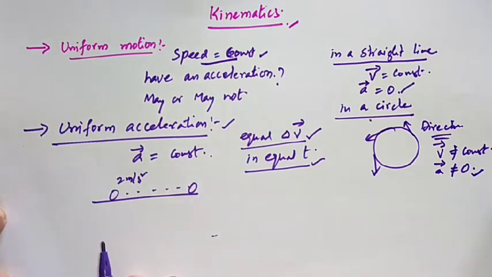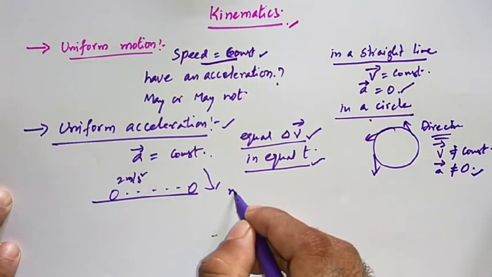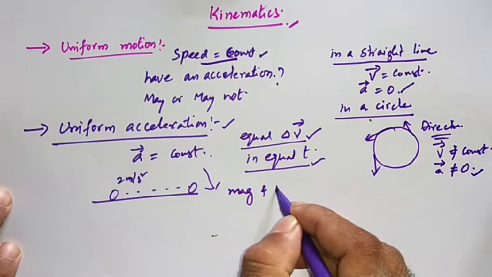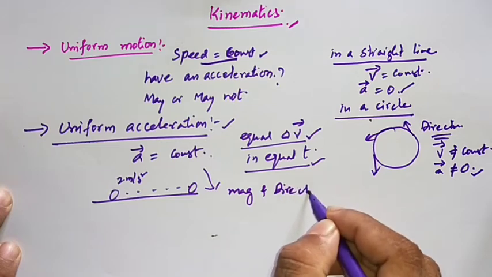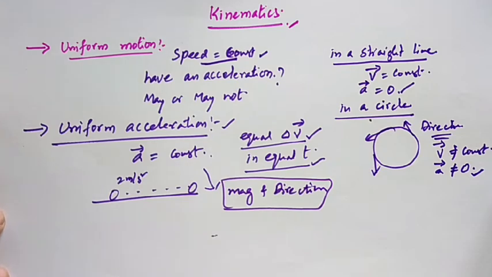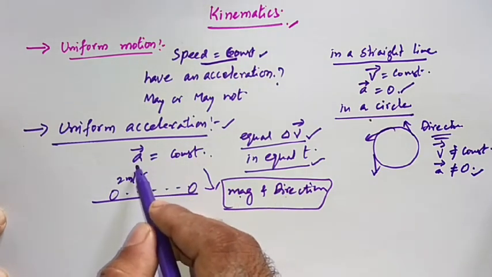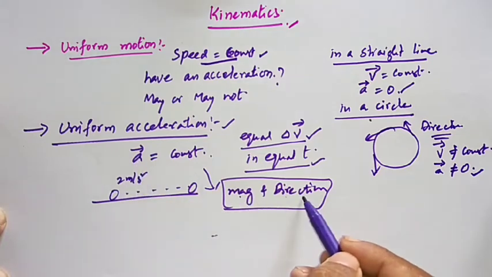Now let us see. Acceleration is constant means it is constant in magnitude and direction both. Because acceleration is a vector quantity, and a vector has magnitude and direction.